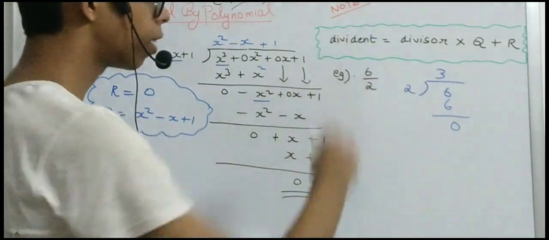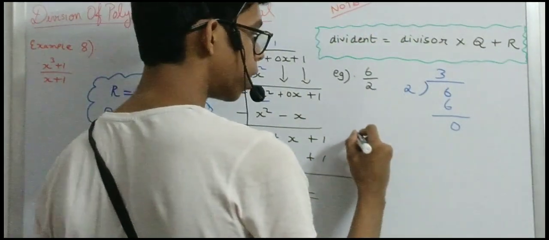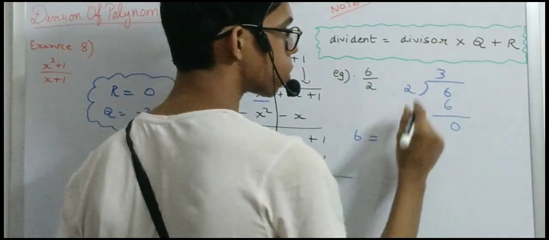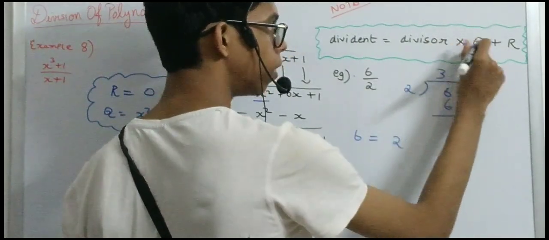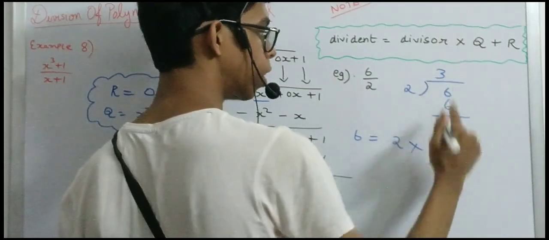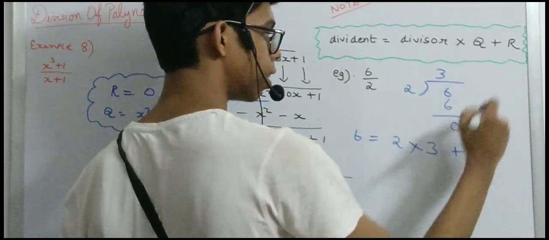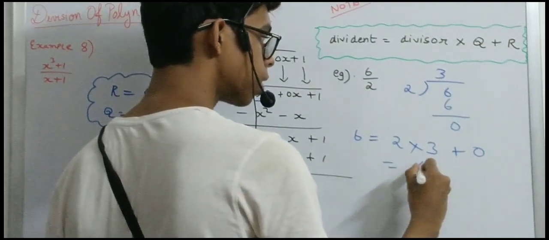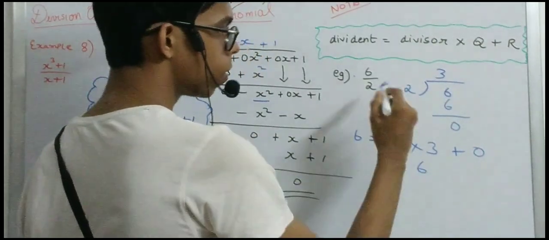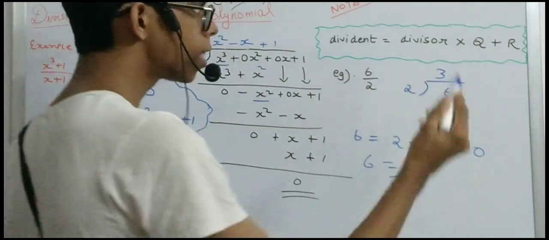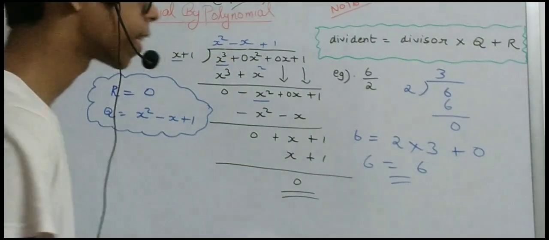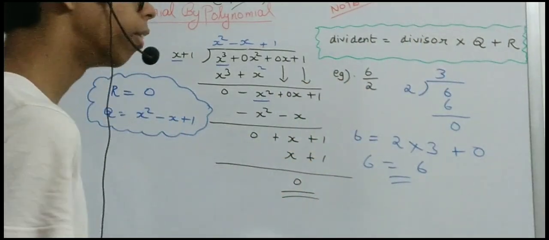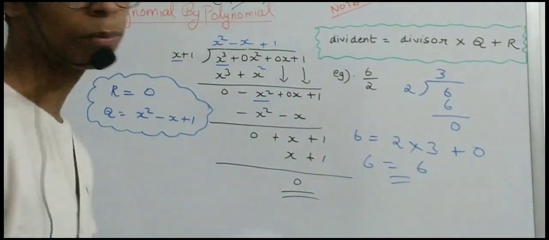Let us verify. Dividend 6 is equal to divisor 2 into quotient 3 plus remainder 0. 2 into 3 is 6, 6 plus 0 is 6 itself. So we get 6 is equal to 6, that means LHS is equal to RHS. This means we can verify that dividend is equal to divisor into quotient plus remainder.